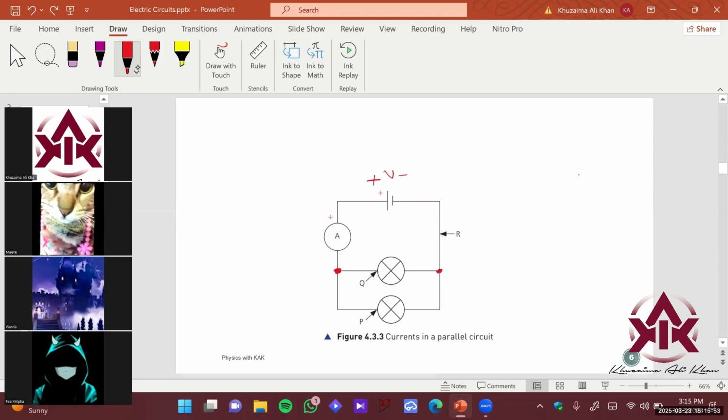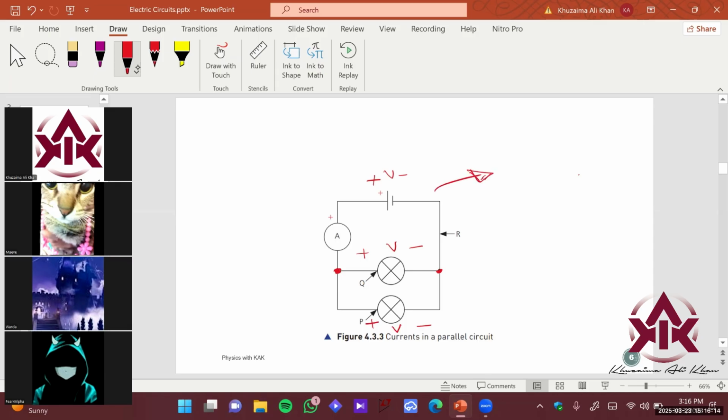We learned in the last lecture that components in parallel have the same potential. So this will have a potential drop V here, and this lamp P also has a potential drop V here. So what is the rule here?